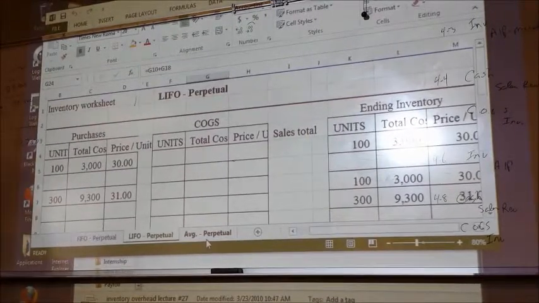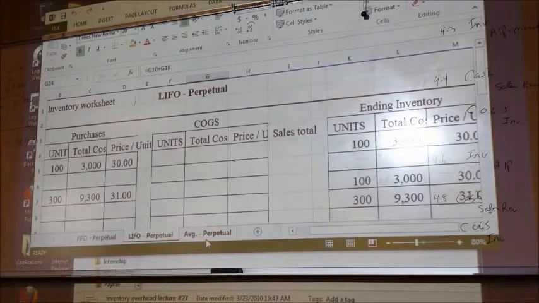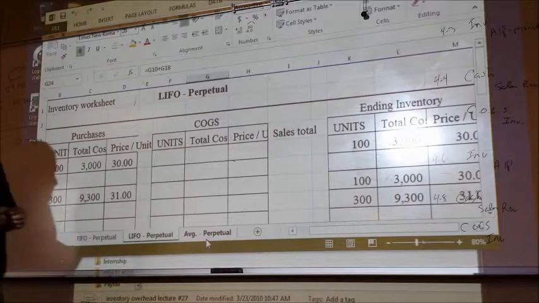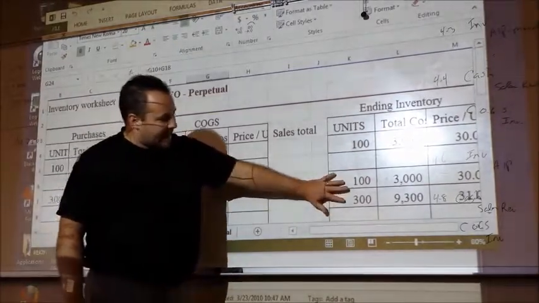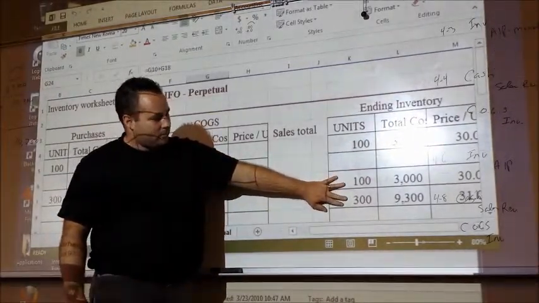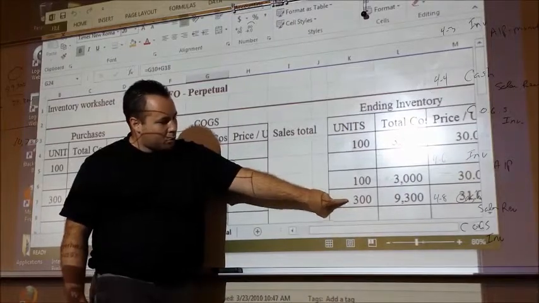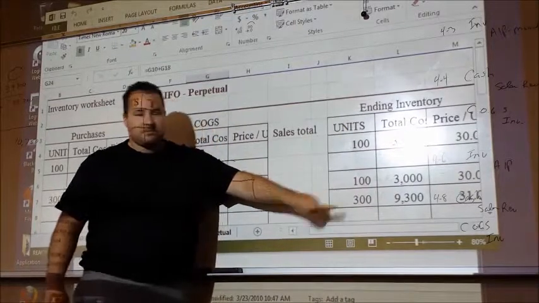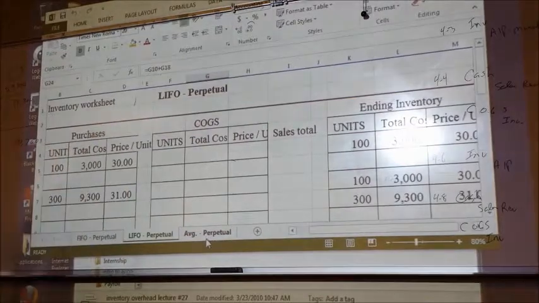Into play on our first sale of 150 units. On 4-4, I sell 150. And I've got to use the last in, first out. The last ones in are these more expensive items. Those are the ones I'm selling this time.